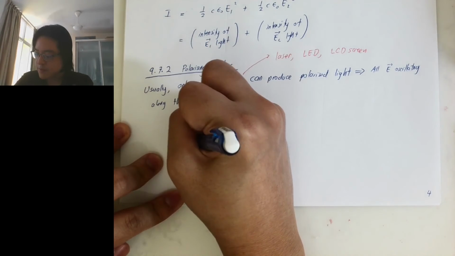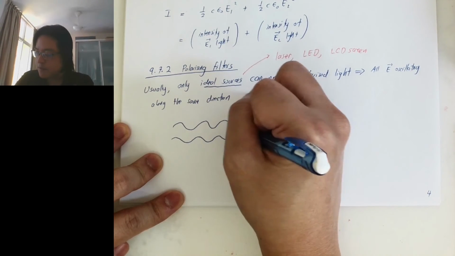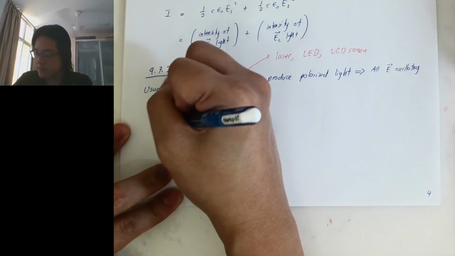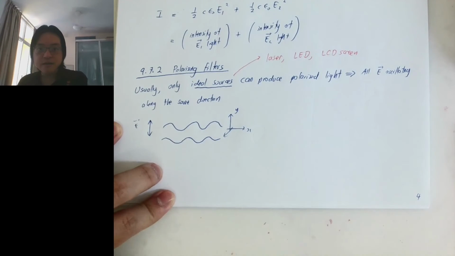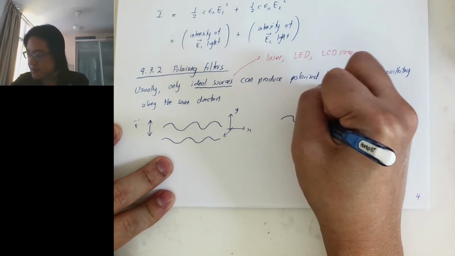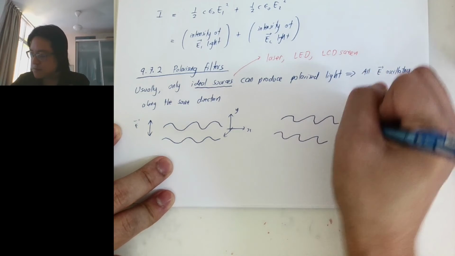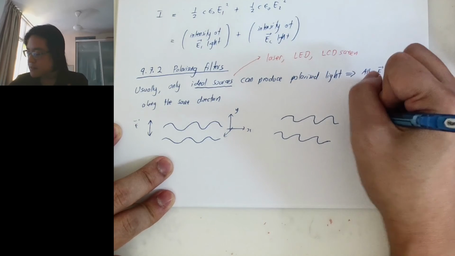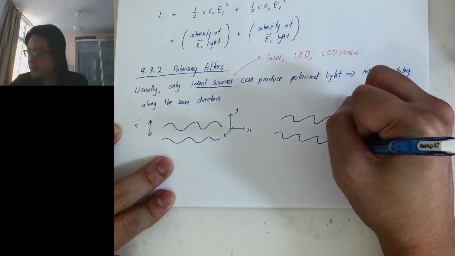Okay, so something like this. When I draw it this way, this is polarized along the y-axis, right? And in general, it could be at some other angle. So maybe something like this, right? That means relative to my y-axis, my direction of polarization is here.